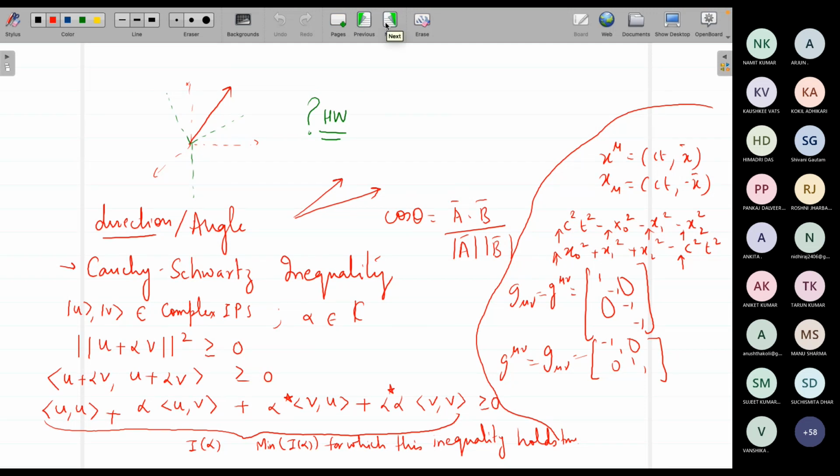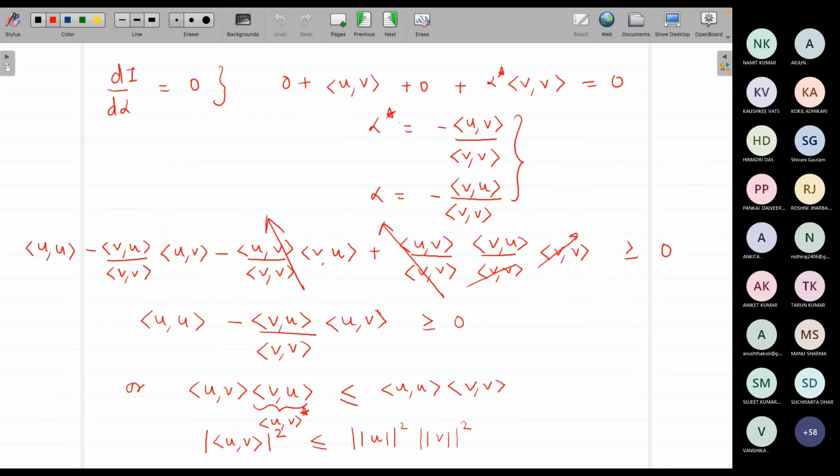Oh, but can I ask you a question? Sorry, this is good that you have reminded me. When you took the differentiation with respect to alpha, what did you do about alpha star? Considered it to be independent of alpha. So can you consider alpha star to be independent of alpha?